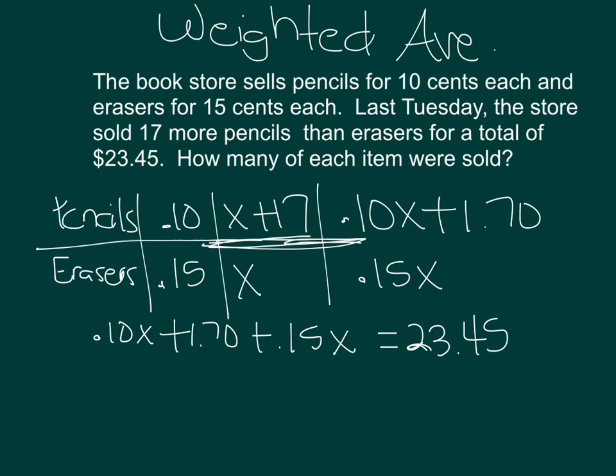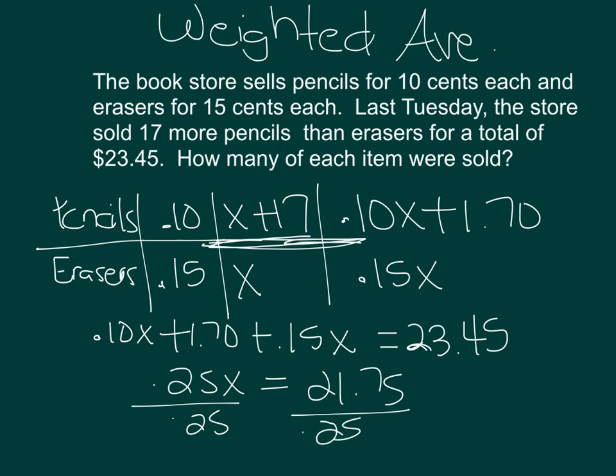So if I combine my like terms, I have 0.25x. And if I subtract $1.70 from both sides, I get $21.75. And if I divide both sides by 0.25, I come up with x is 87 erasers. So 87 erasers were sold.